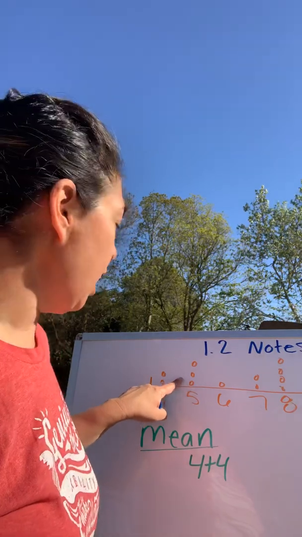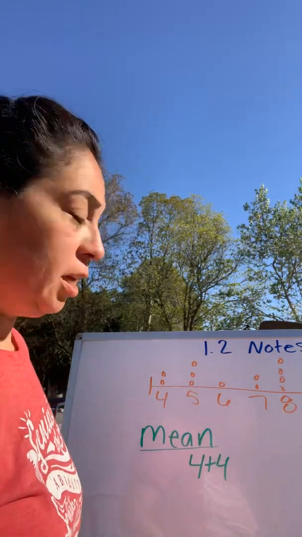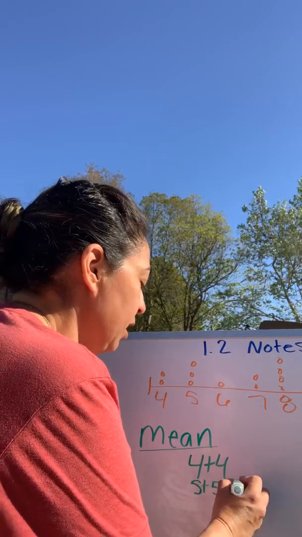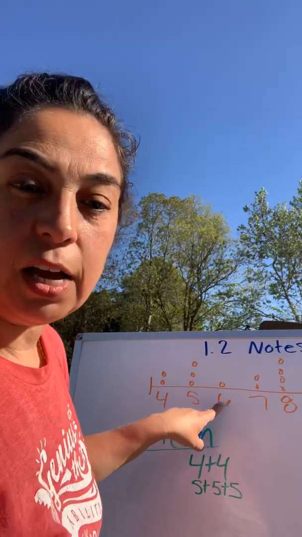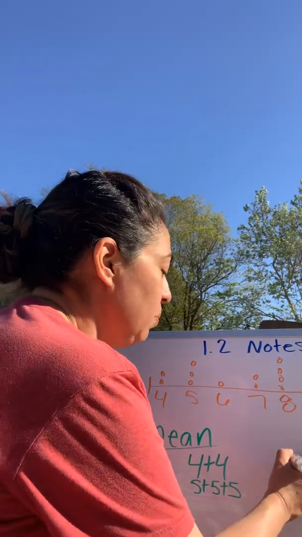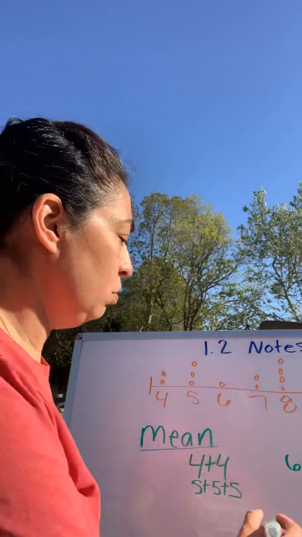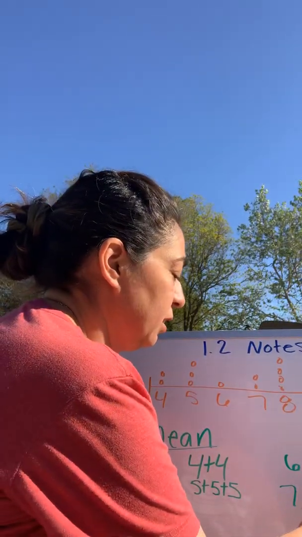In 5, I have 1, 2, 3. So I'm going to say 5 plus 5 plus 5. I have 1, 6. So then I'm going to add 1, 6. For 7, I have 2, so I'll say 7 plus 7.